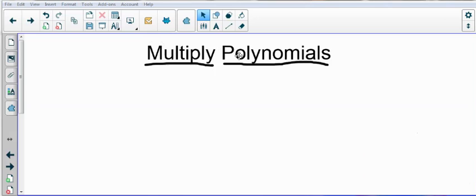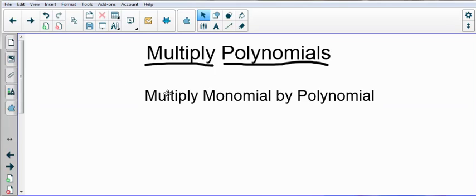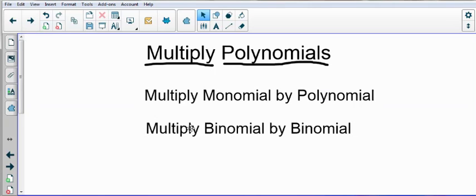Okay, so under your subheading of simplifying polynomials, you should have multiplying polynomials. And then under that subheading, you had multiply polynomial by polynomial. Today we're going to do multiply binomial times binomial. First we did the monomial times a polynomial, now we're going to do binomial times binomial.